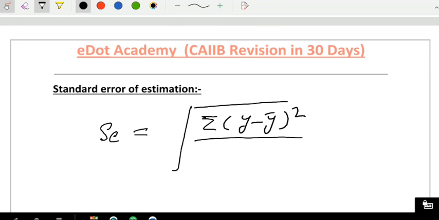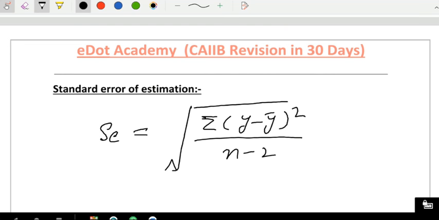Very easy. You already calculated this value, and divide by n minus 2. So that becomes the standard error of estimation, because there might be error also. If SE is small, that means your estimate is fairly accurate. Lower the value of SE, your estimation is correct, fairly accurate. And the bigger the value, that means your estimate is not correct.